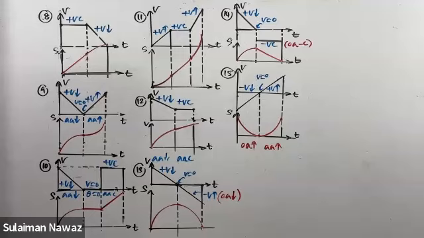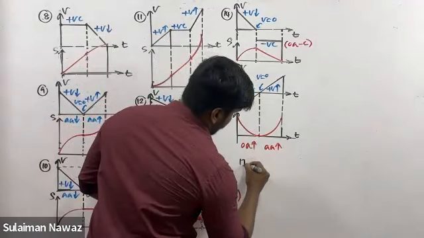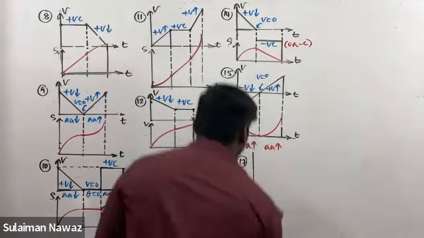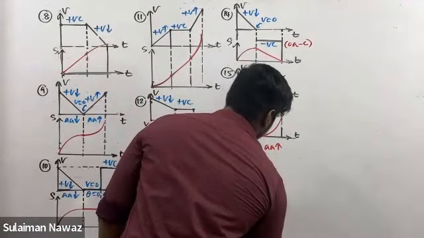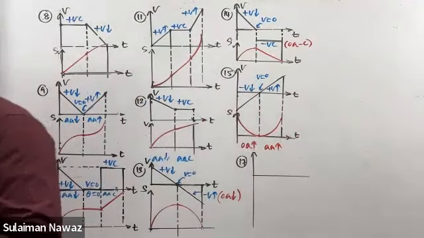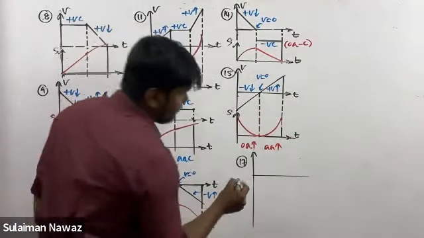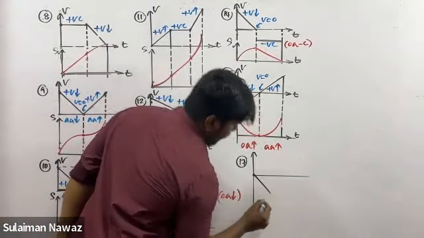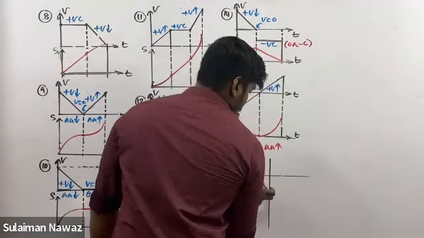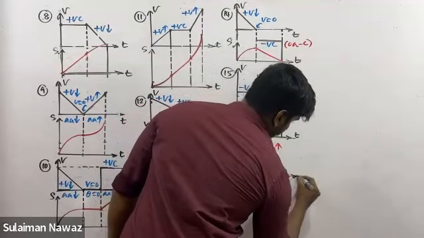If I draw 17, what happened? 17 is something like this. This is our 17.